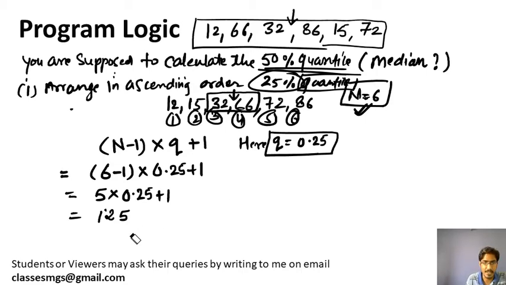Let me write it clearly, 1.25 plus 1 is equal to 2.25. So this is the term, we are finding the term.